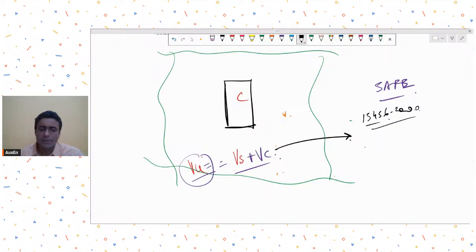The general rule says that when Vu upon Vc is more than 1.5, that means whatever shear concrete can take, if Vu exceeds it by more than 1.5, then you are not allowed to provide punching reinforcement. You are required to revise the slab thickness.